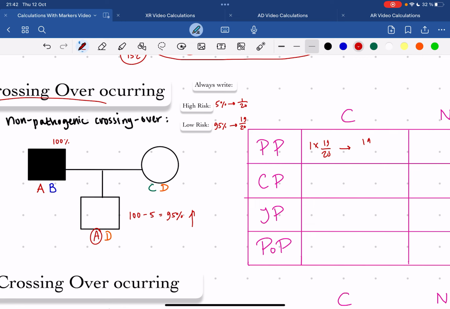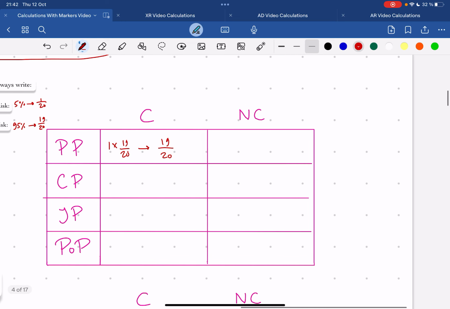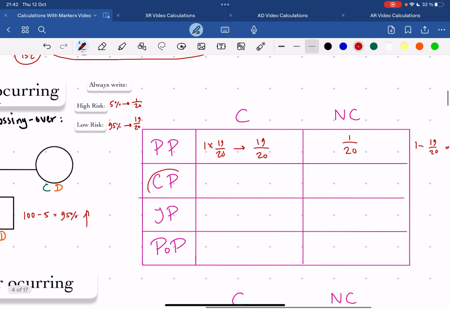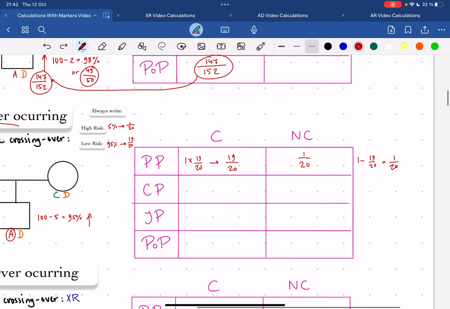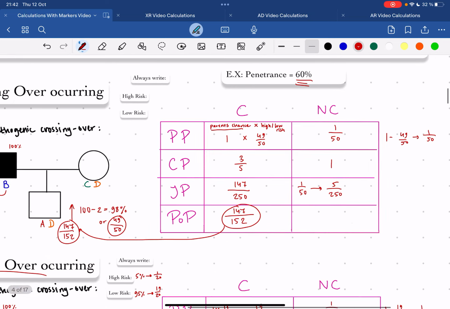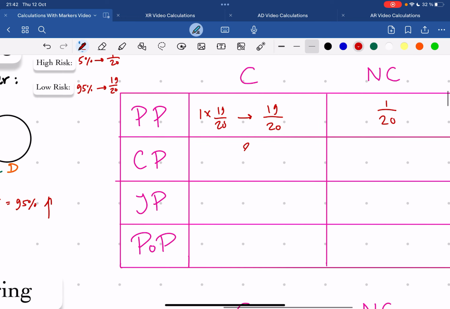And for the non-carrier, it's just 1 minus the conditional prior probability, so 1 minus 19 over 20, that is equal to 1 over 20. Did I say non-conditional? I meant non-carrier. For the conditional probability, it would be the penetrance, which I wrote down as 60%, so 3 over 5. These are all exactly the same as we do always.